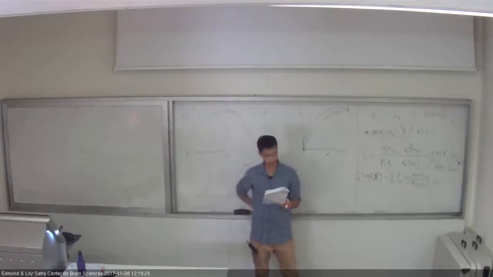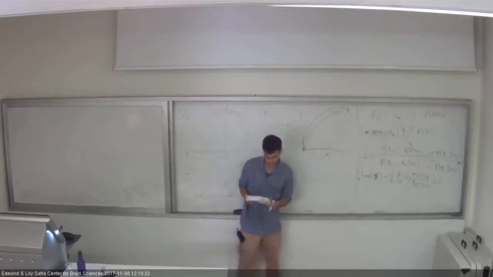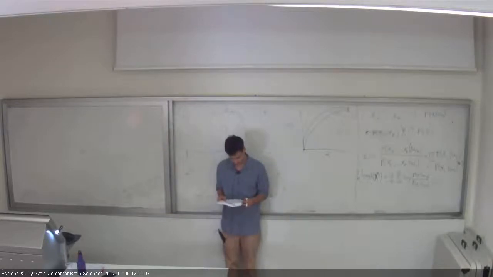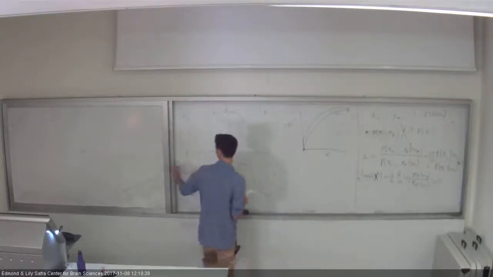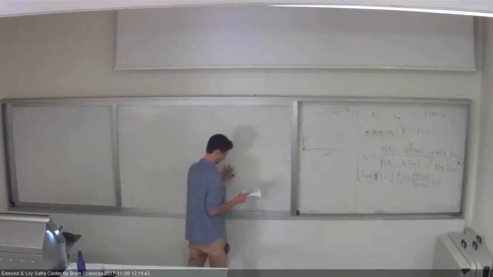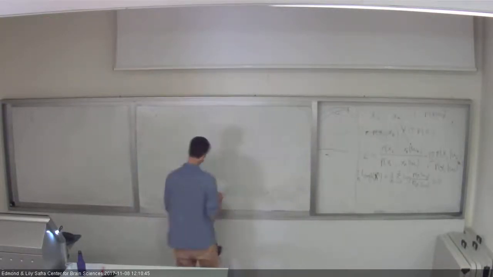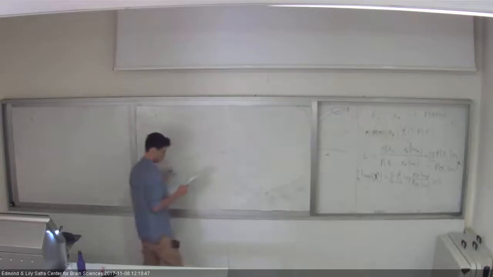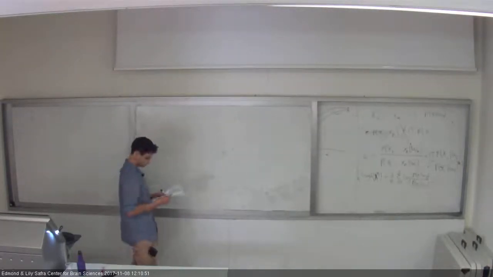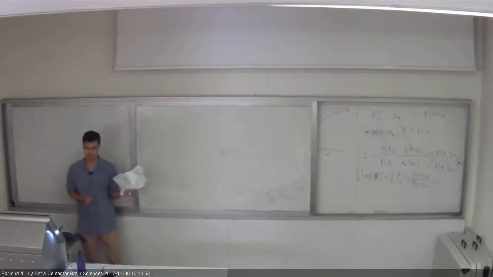So now we want to find the errors, alpha and beta. How can we do it?